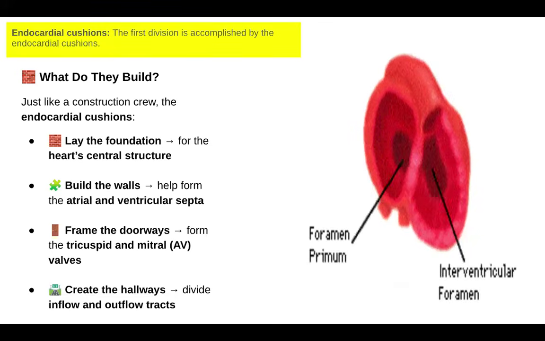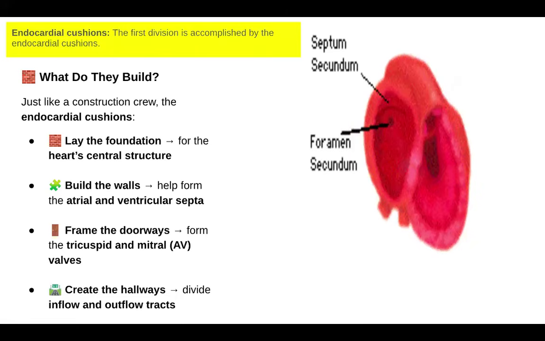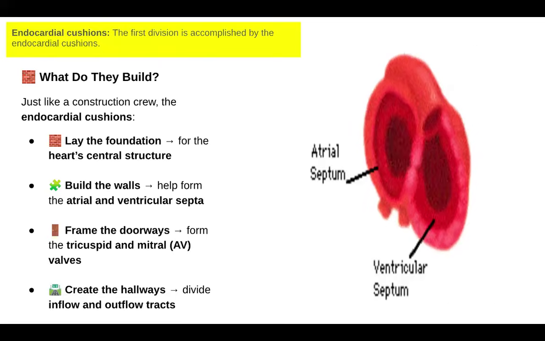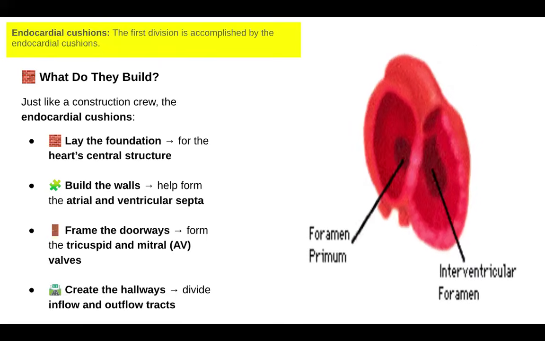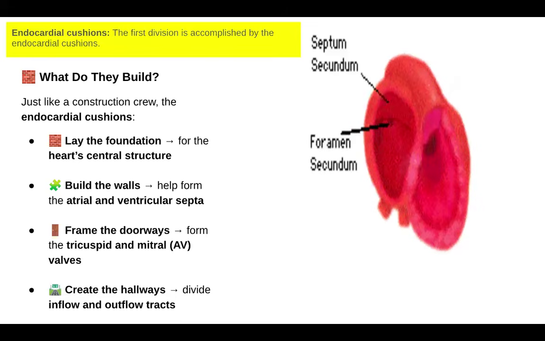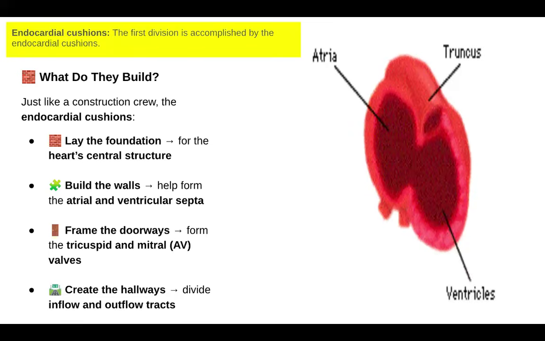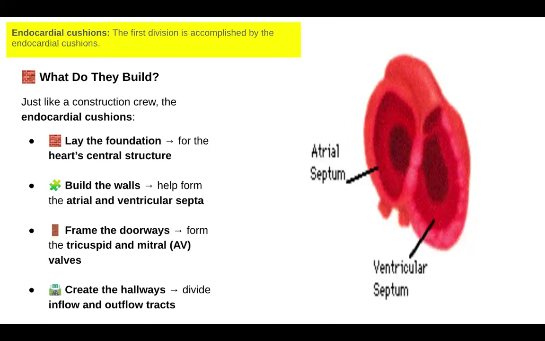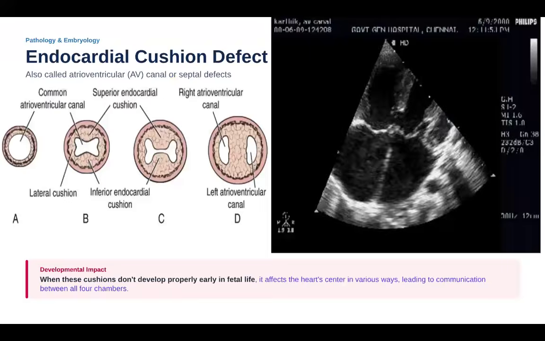We need the hallways, and the hallways are our outflows, the aorta outflow and the pulmonary artery. Those are the hallways from the framing of those doorways. I hope that analogy helps you understand the breakdown and the importance of the endocardial cushions. Very important with heart formation.